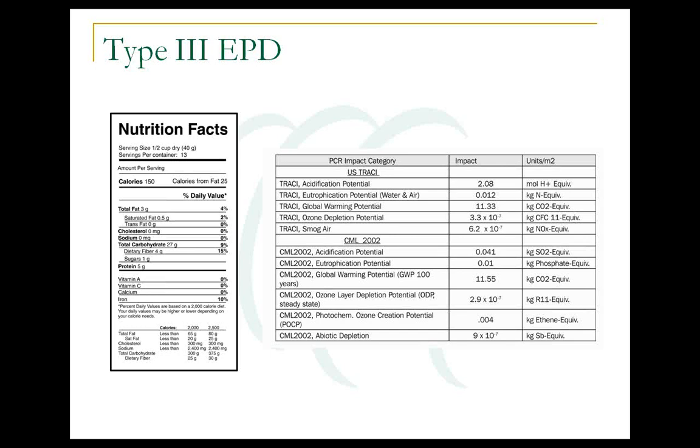And you'll see that it just simply has, here I'll show you with my highlighter, a list of the impact in units for different environmental impacts, such as acidification, eutrophication, global warming potential, ozone depletion, and smog and air. And there are other environmental impacts. This table just happens to list these 5.